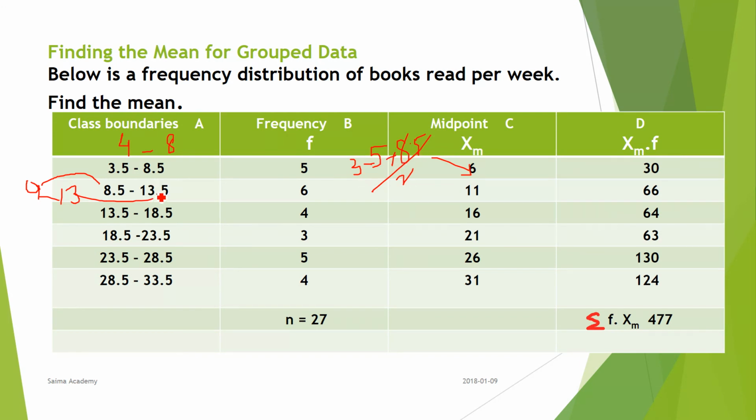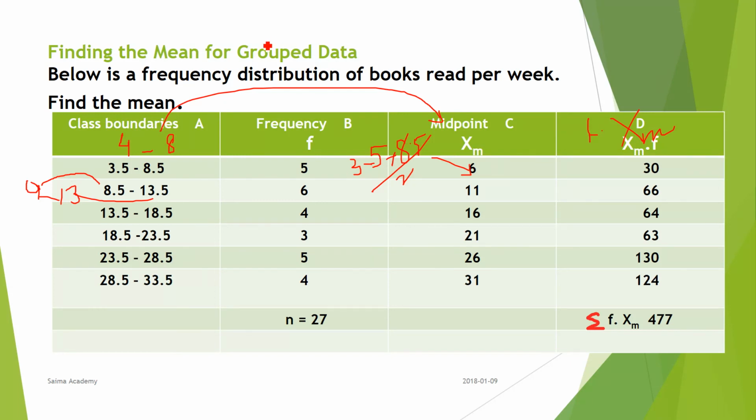Similarly, this plus this divided by 2, 11. Similarly, 13.5 plus 18.5 divided by 2 is 16. You have to find out the midpoint. Midpoint of what? Midpoint of these class boundaries, this one. And in the next column, you have to multiply xm and this frequency, or you can write down frequency first or xm, both are okay, like this.